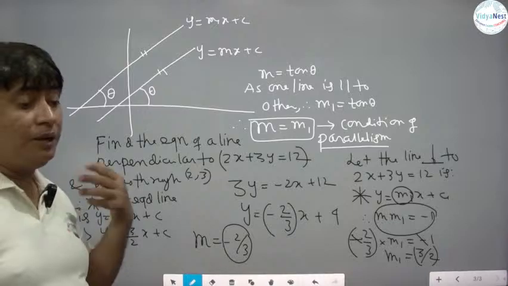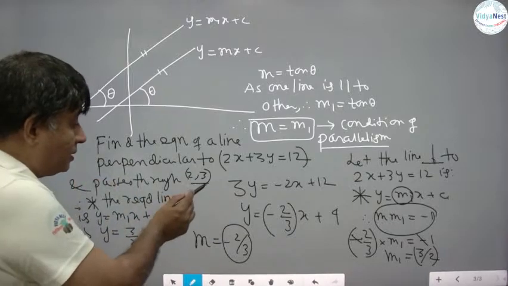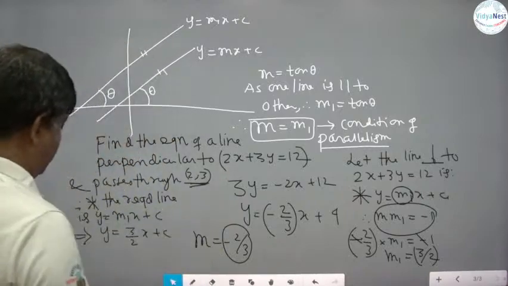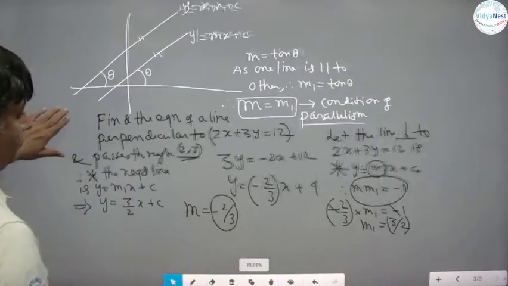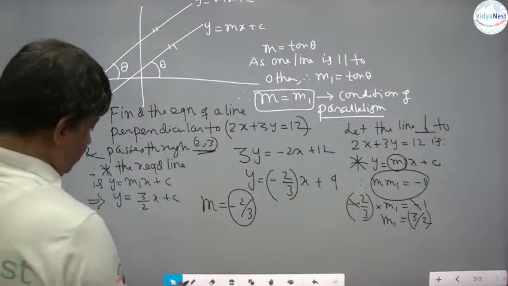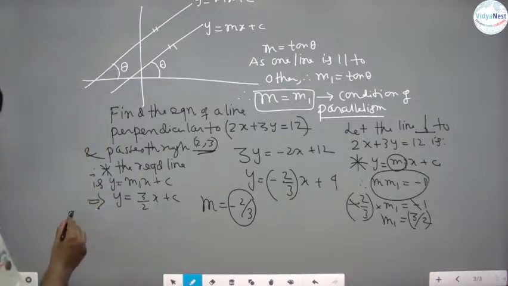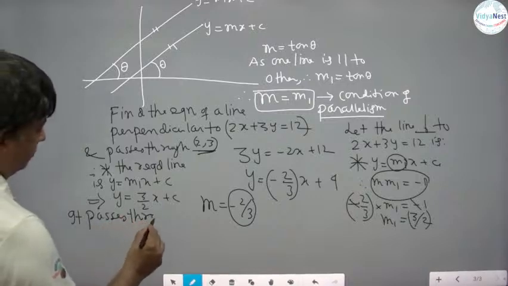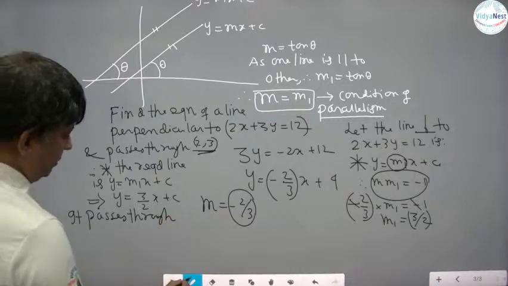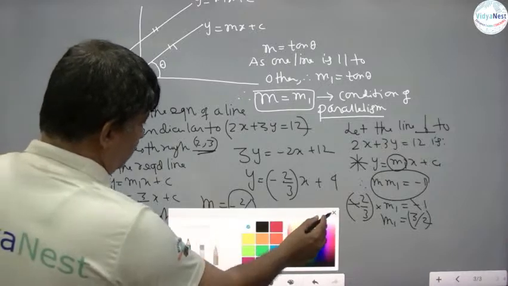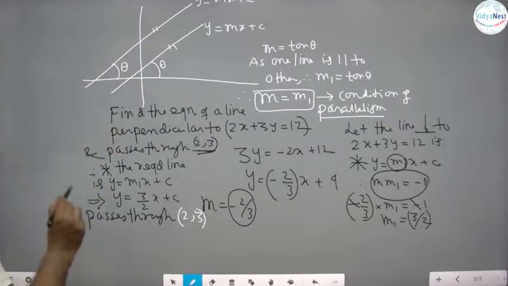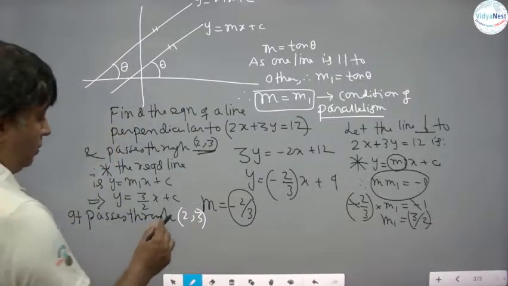But how to make it known? It passes through (2, 3).